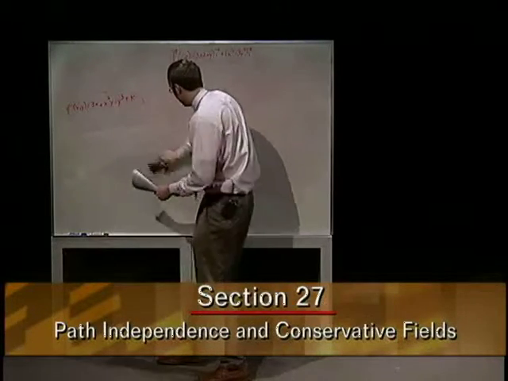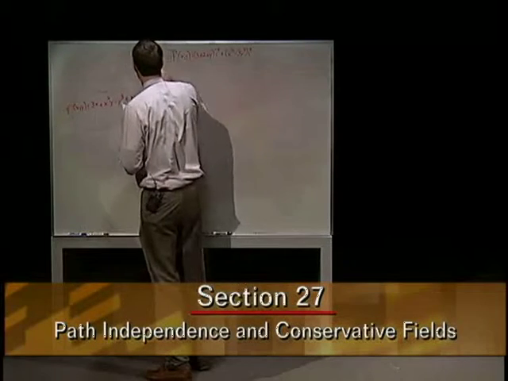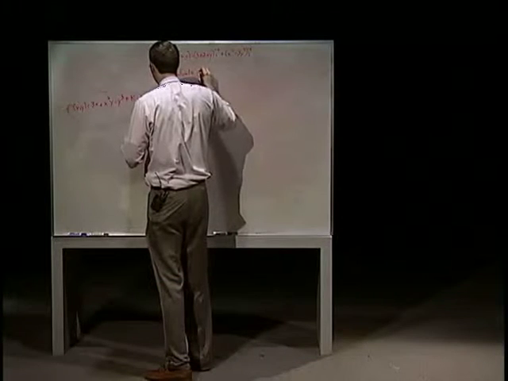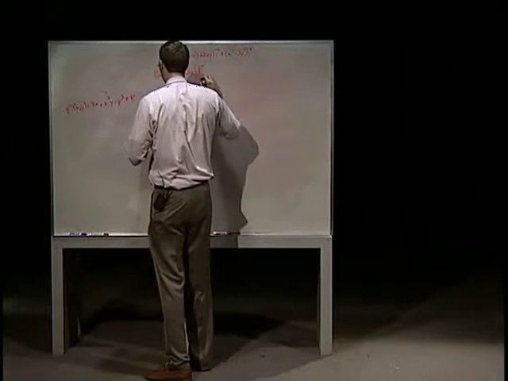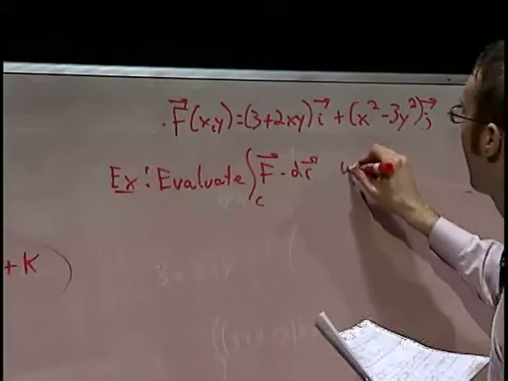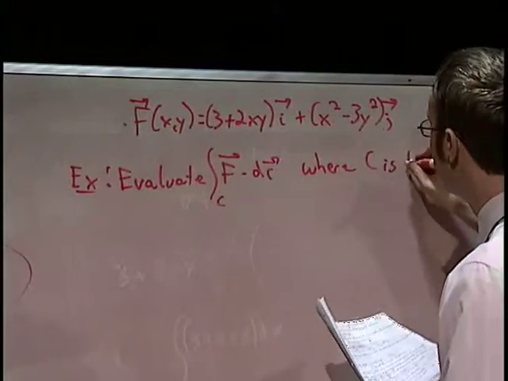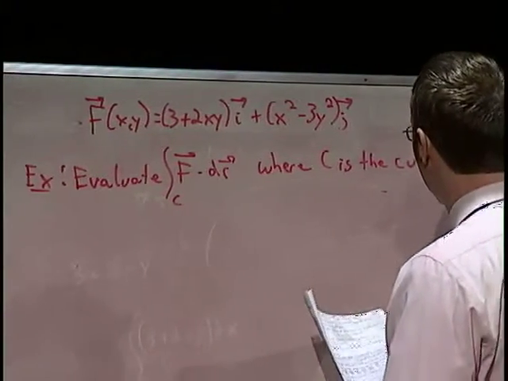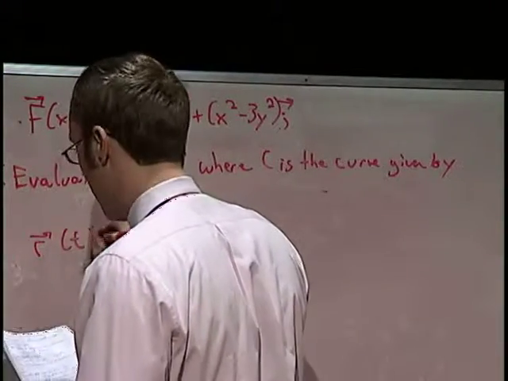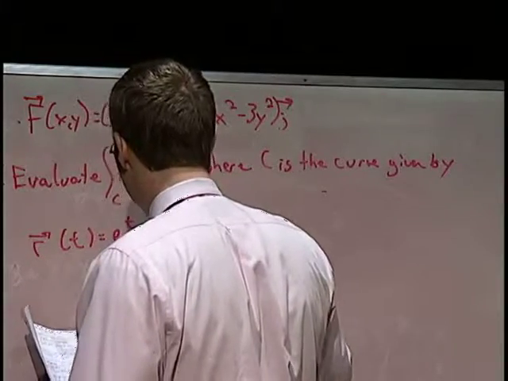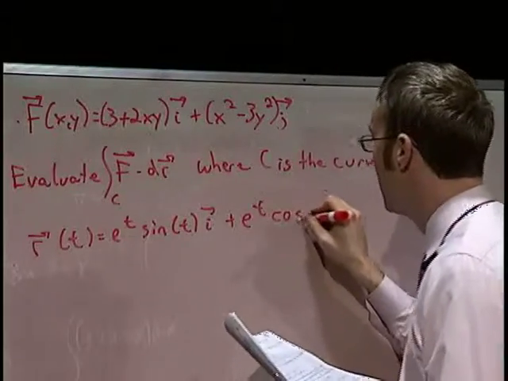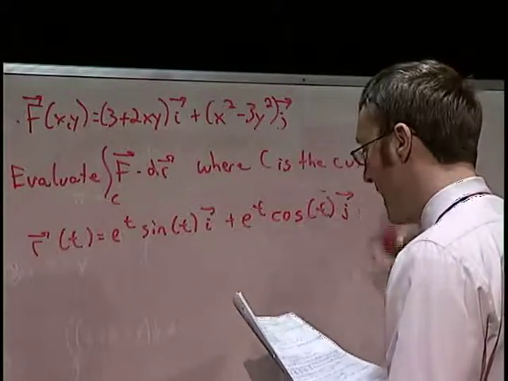Okay. So now, let's do one more thing here. Let's evaluate the integral over a curve C of F dot dr, where C is the curve given by r of t is e to the t sine t i plus e to the t cosine t j.